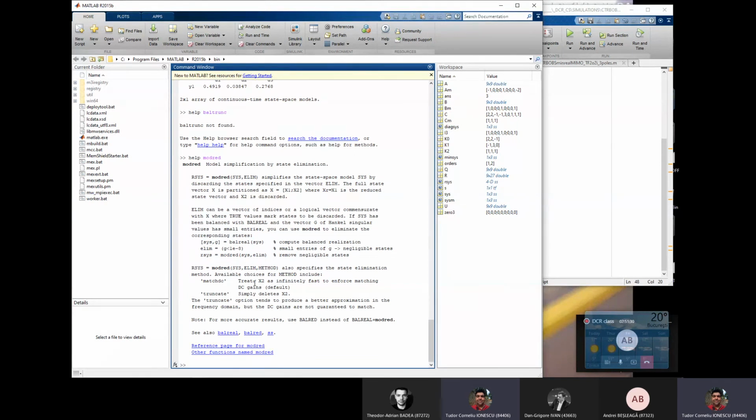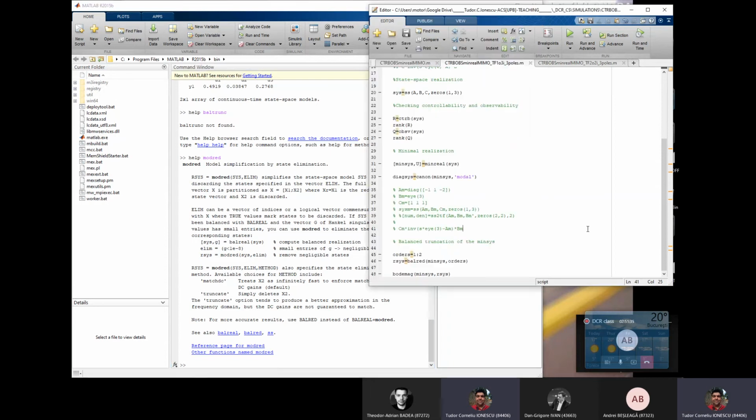I'm not seeing the error. But the error is easy to compute, because you can have a look at the Hankel singular values of the original system. So let's see what the Hankel singular values are.